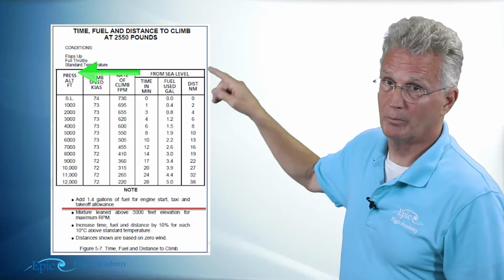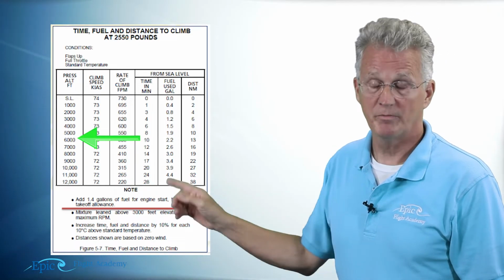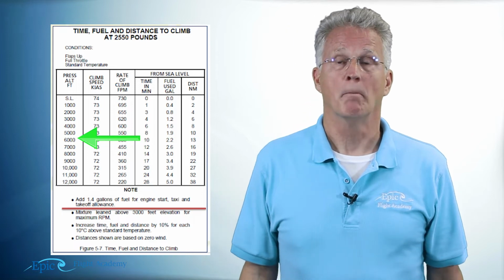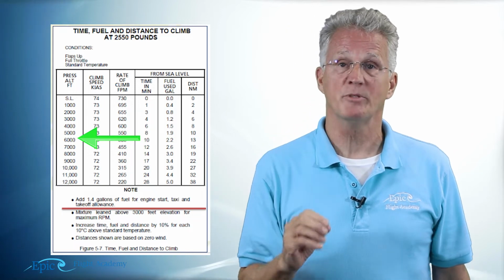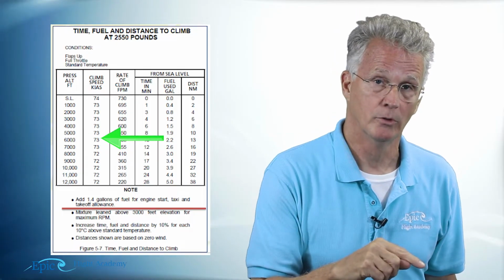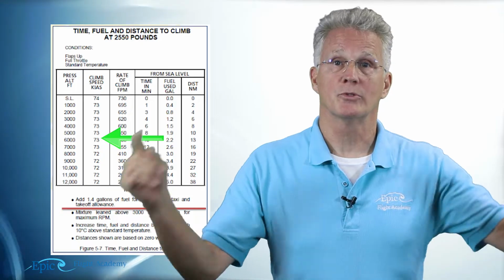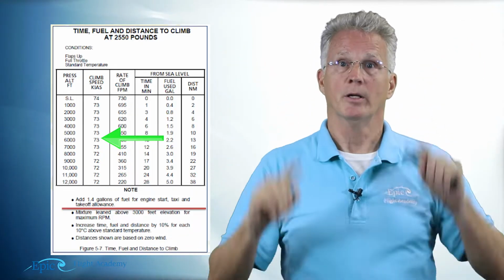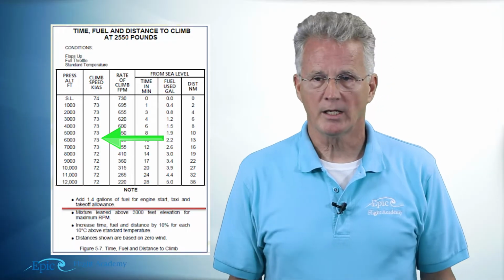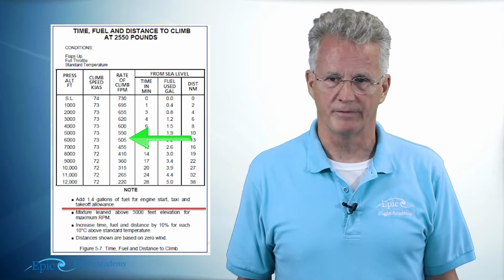So I'm going to come down that left-hand column to 6,000 feet, move myself horizontally, and see, oh, hey, look, my best rate of climb speed, or VY, is actually going down. Sure, it's only by 1 knot, but remember, VY goes down as I go up in altitude. So now I'm climbing at 73 knots, and I can expect a climb rate of approximately 505 feet per minute.